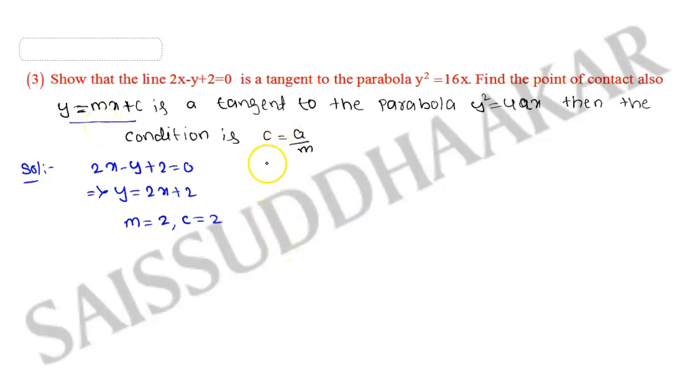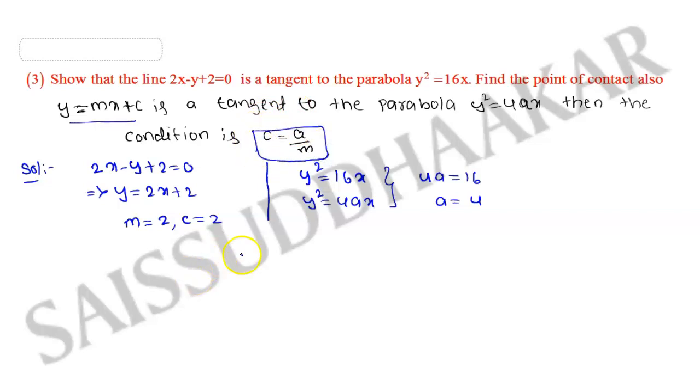And next, one more thing, the given parabola is y square is equal to 16x. I am comparing this with our original parabola y square is equal to 4ax. By comparison, I am getting 4a is equal to 16, a is equal to 16 by 4, that is nothing but 4. So here, by the condition of tangent to the parabola, c is equal to a by m.